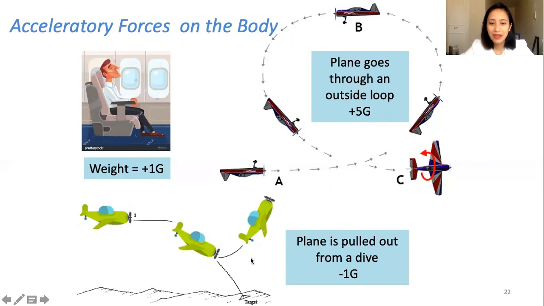If the plane goes down and then is suddenly pulled out from a dive, that's negative 1G.